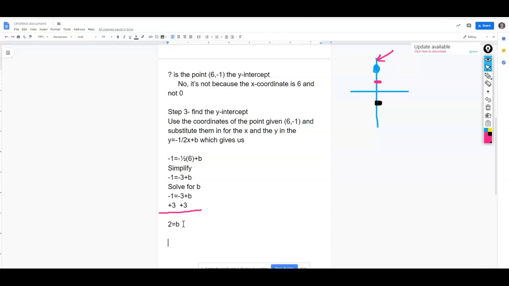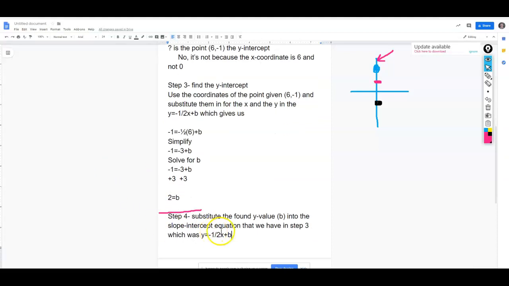Okay, so then the next and final step is to substitute the found b, the found y value, into the slope-intercept form equation that we have in step 3, which was y equals -1/2 x plus b.